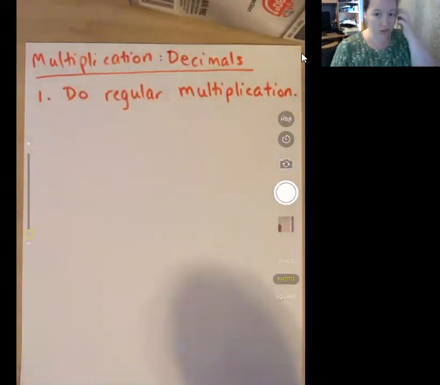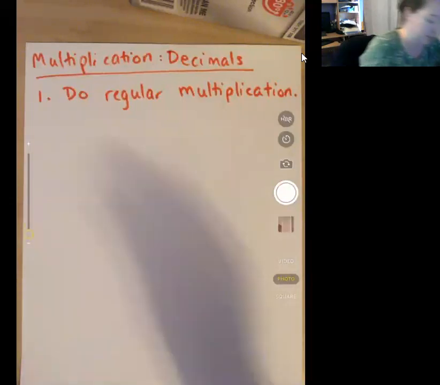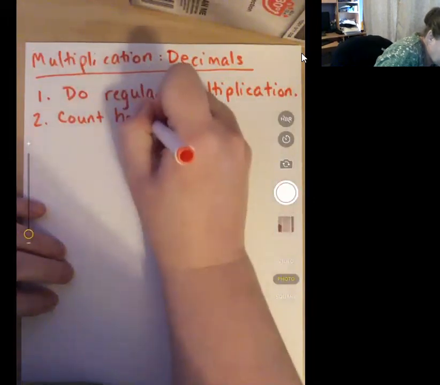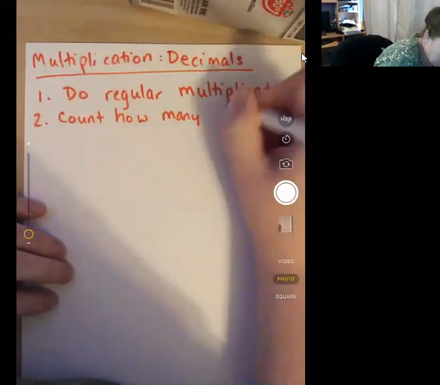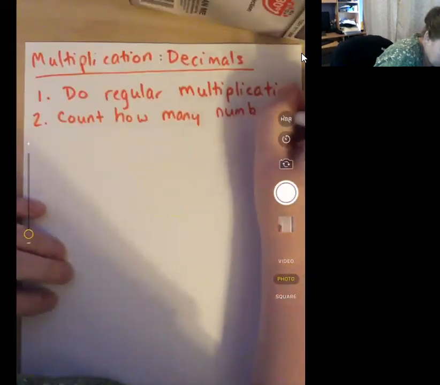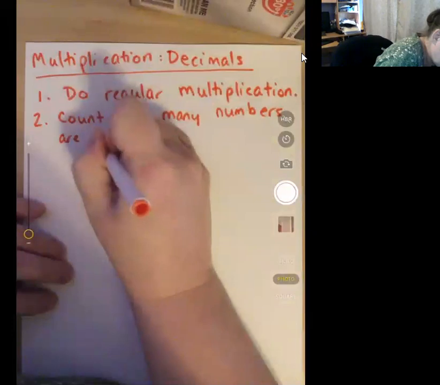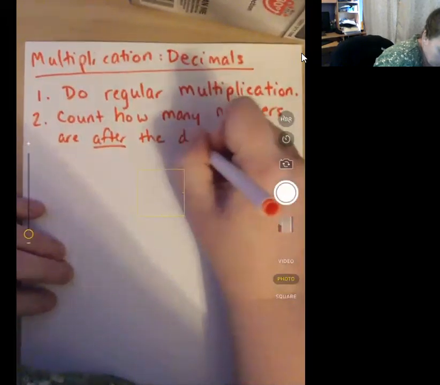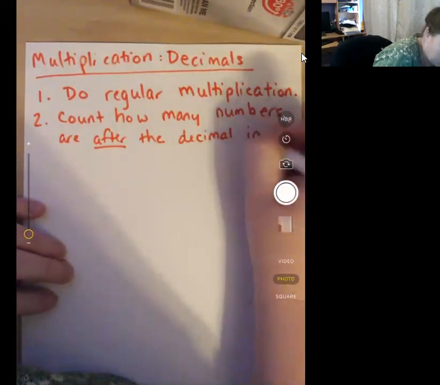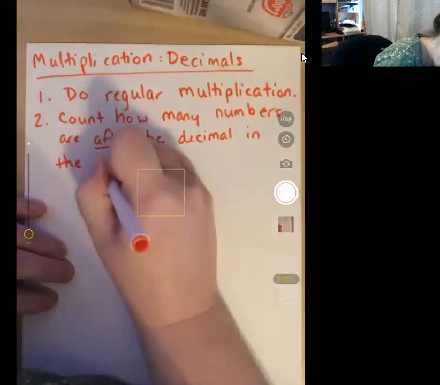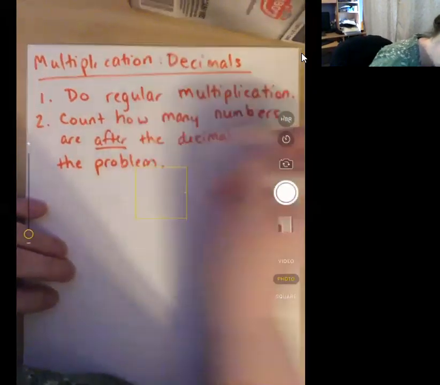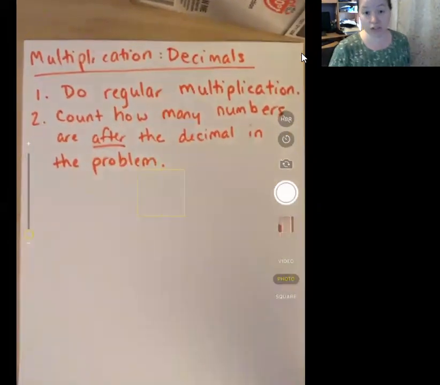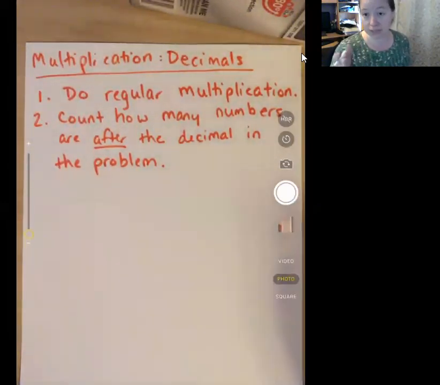Second thing that you do after you finish the regular multiplication is count how many numbers are after the decimal in the problem. So first thing you do is the regular multiplication. Second thing you do is count how many numbers are after the decimal in the problem.